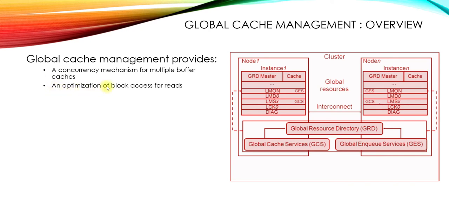And optimization of block access for reads, and optimization of writes for the dirty buffers. As we discussed, I think two slides back, how dirty buffers are written to the data files and how they are recovered, those things are performed by global cache management, along with a mechanism to optimize parallel queries.